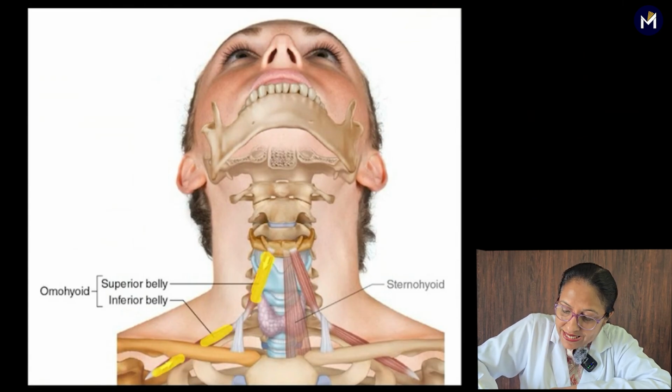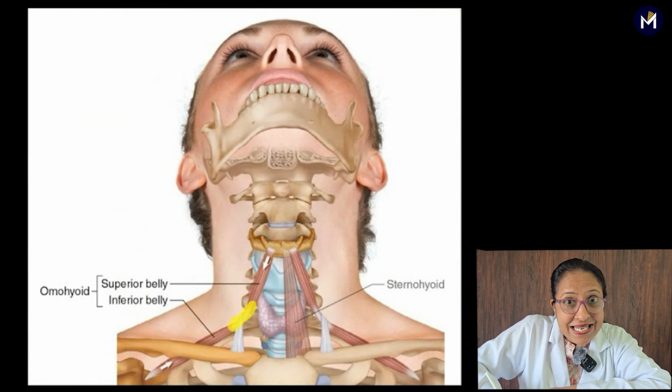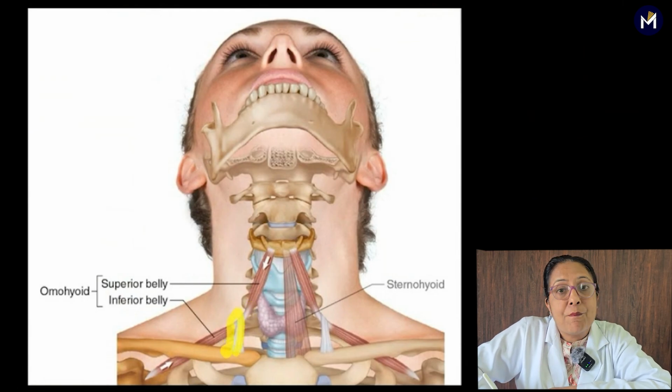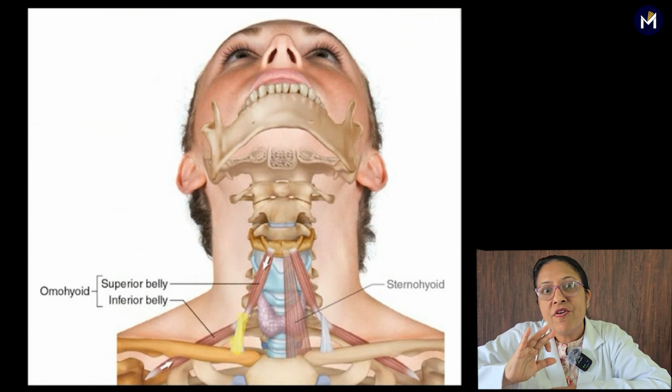This is superior belly of the omohyoid. The two are held by this intermediate tendon, and this intermediate tendon is held to the clavicle by a modification of deep cervical fascia. This is called as omohyoid fascia. So this is the location of omohyoid muscle.